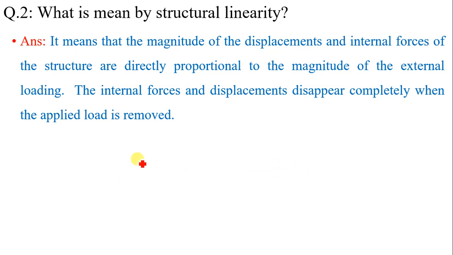Here we will consider a very simple example. Let us consider a rod on which force F is applied. Let us assume that the rod is fixed at this end. Now because of this load, delta L is the deformation of the rod and there will be some internal force developed in the rod.